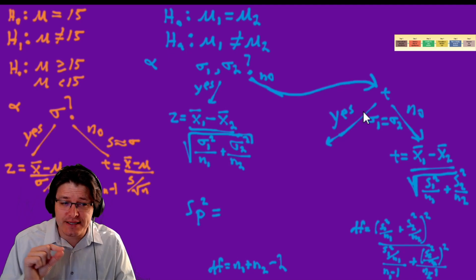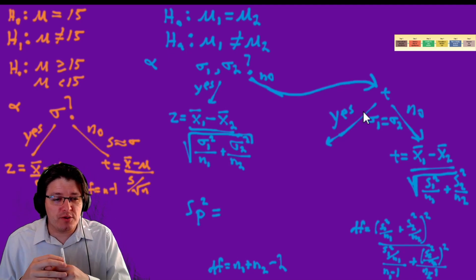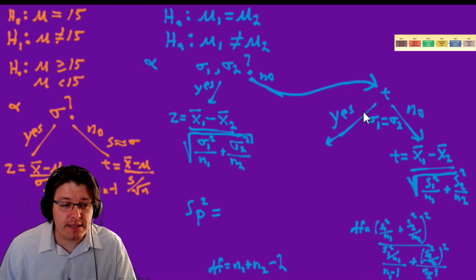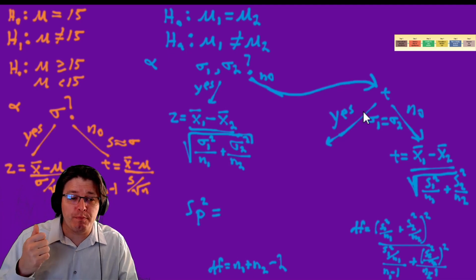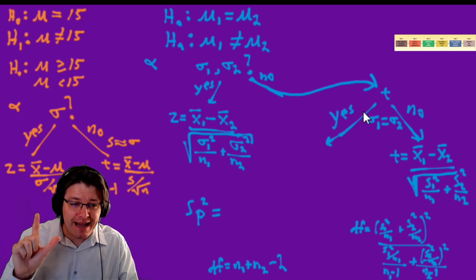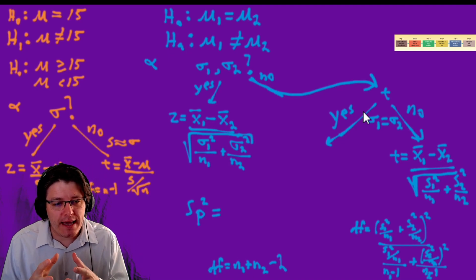Again, s is not sigma exactly. It's in the ballpark, that's what we're assuming. It's an unbiased guess for what sigma is. So let's use both guesses. We have an s1 and an s2. We don't know what sigma is, but now we have two guesses. So let's use all of that information and smush them together.